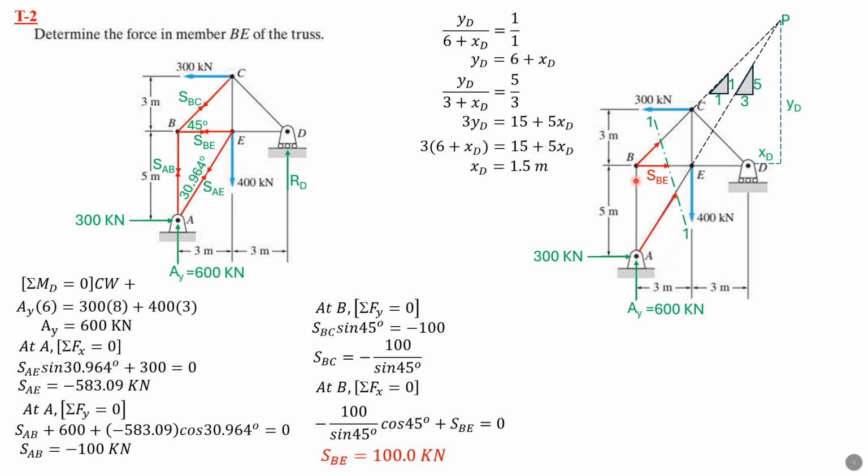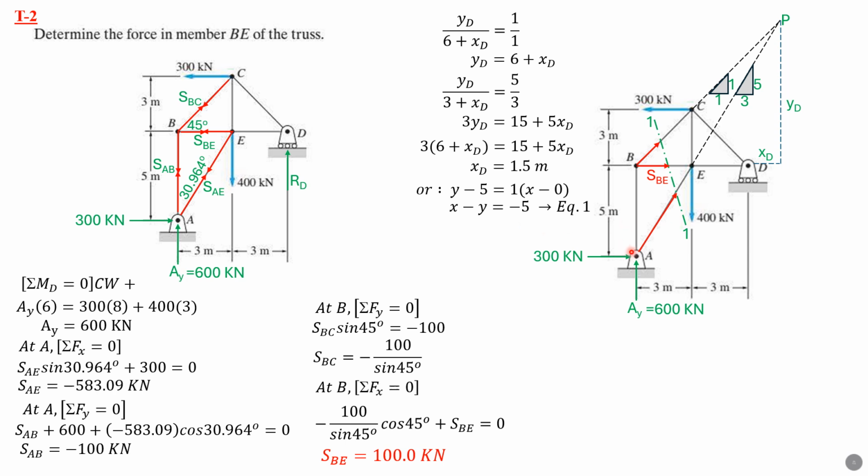Imagine that's the origin. The equation of this line BP is y minus 5, yB is 5, equals slope 1 times quantity x minus 0. So from point slope form, y minus yB equals slope times x minus xB. So y minus 5 equals 1 times quantity x minus 0, so x minus y equals negative 5.